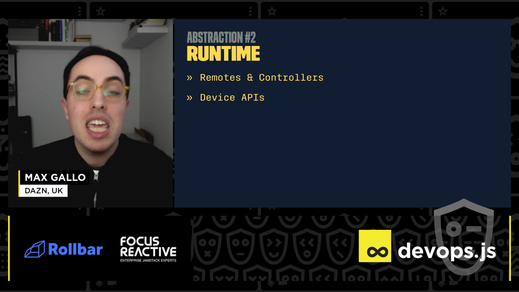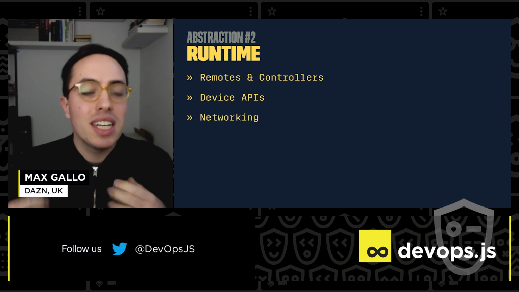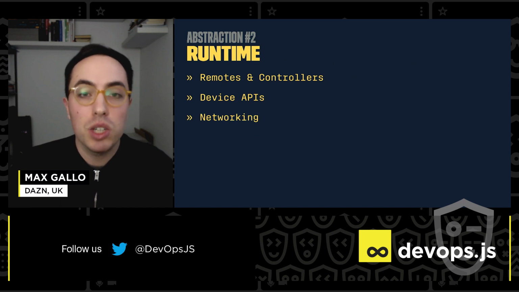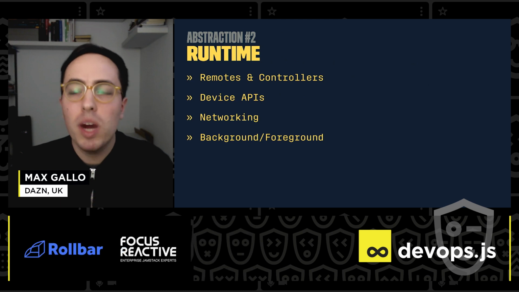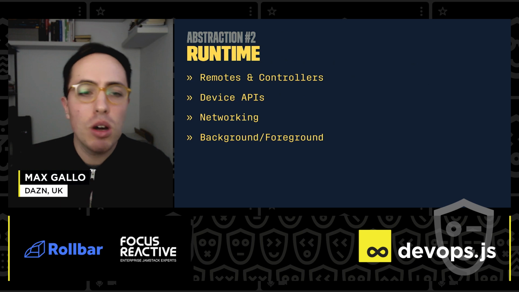So teams working on features just call something which is standardized. They do not care about device differences. And that's true for networking APIs, since we deal with live video. Networking is so important for us, but also for putting your app in the background when you have a notification and you open another game, maybe on your Xbox.